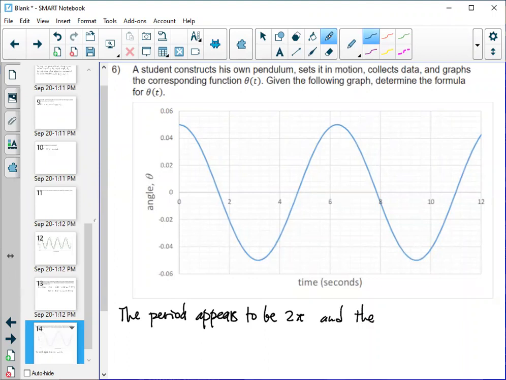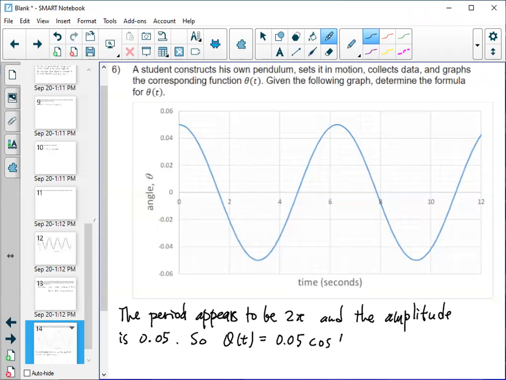The amplitude is 0.05. So what we get here is theta of t is equal to 0.05 times the cosine of t.